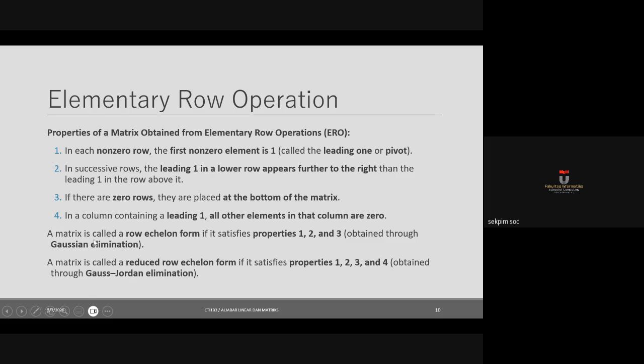We can use the Gaussian elimination method, so I'll show you how to do Gaussian elimination. And if you do the ERO operations again and reduce the row echelon form such that it satisfies 1 to 4, where all other elements in the column of a pivot 1 are 0, it's called reduced row echelon form.